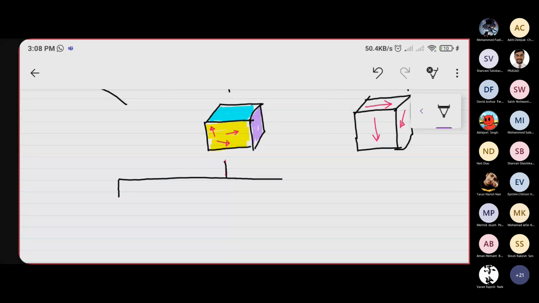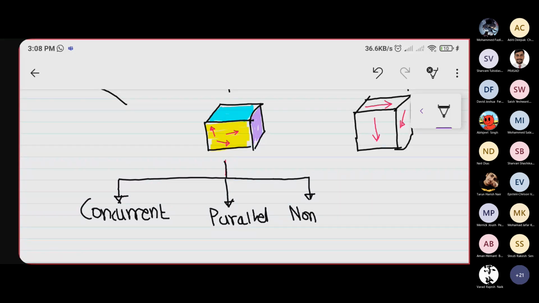Okay, first is concurrent, second one is parallel, and third one is non-concurrent and non-parallel. How to represent this type of force system, I'll show you.